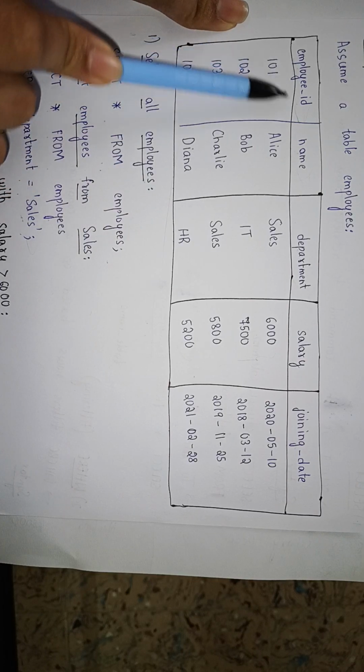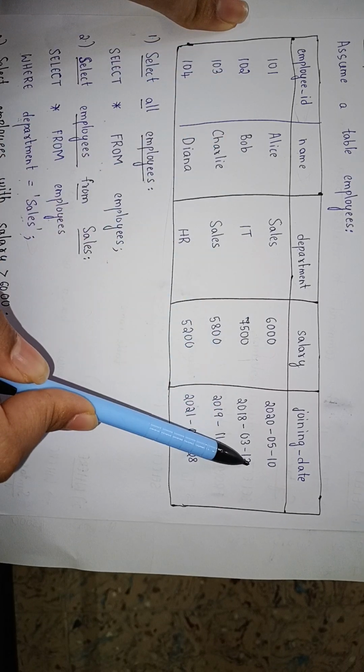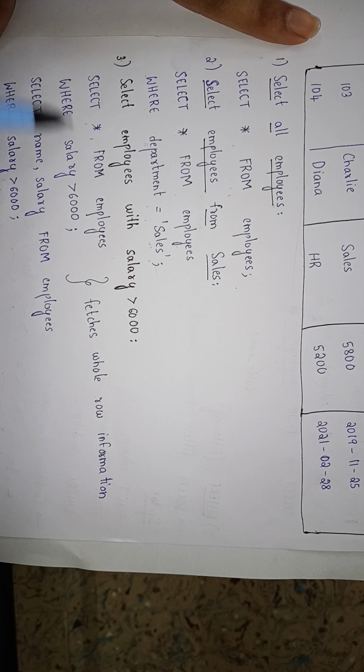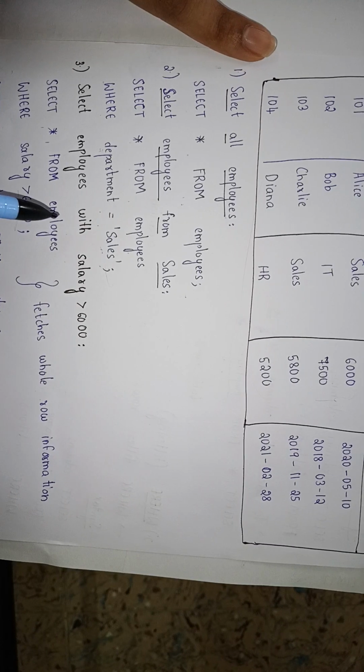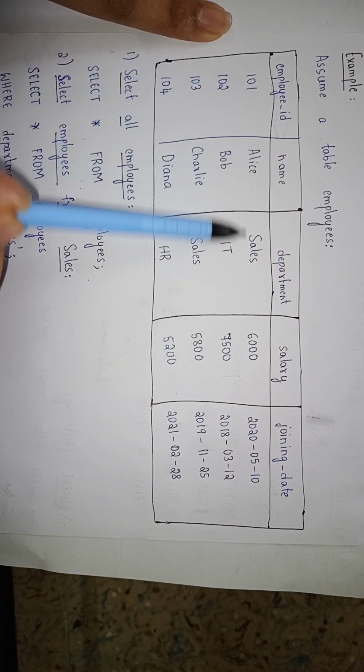So basically you can mention column names, and if you mention asterisk, all the column details will be fetched. Suppose I write: select asterisk from employees where salary greater than 6,000. It fetches all the columns' data.